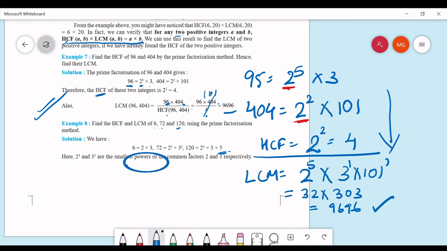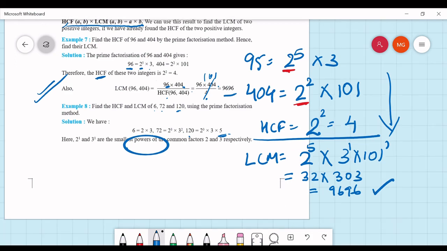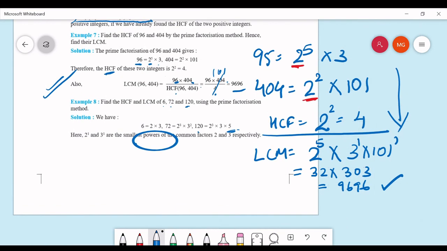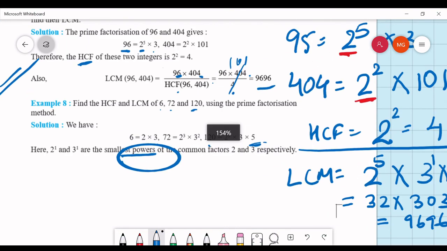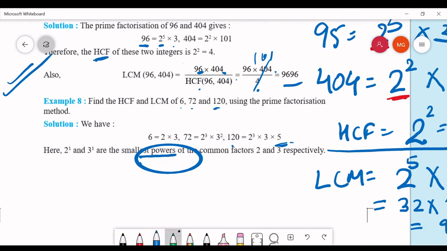So 6 you can write as 2 multiplied by 3. 72 can be written as 2 to power 3 multiplied by 3 to power 2. 120 can be written as 2 to power 3 multiplied by 3 multiplied by 5, right? Now here 2 to power 1 and 3 to power 1 are the smallest powers of the common factors. 2 is common, so you can write 2, and 3 is also common, so you can write 3.